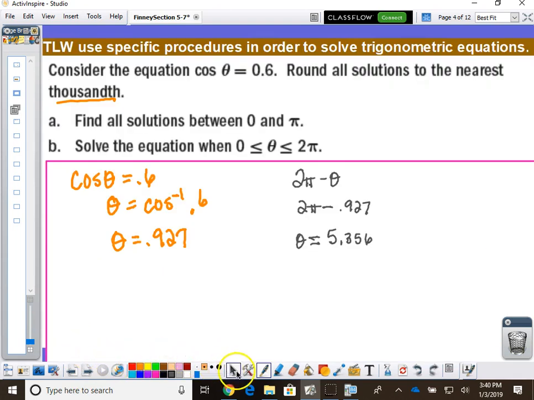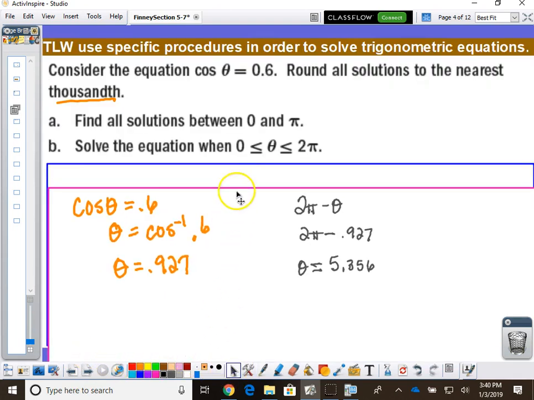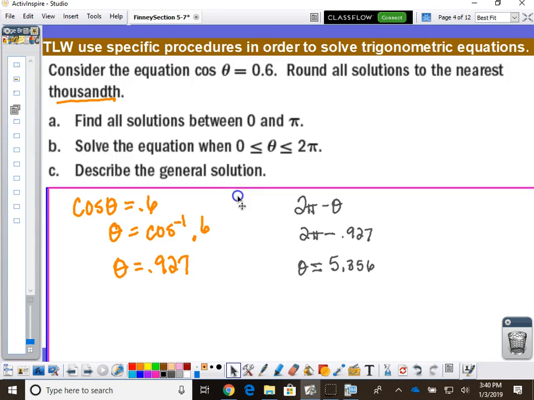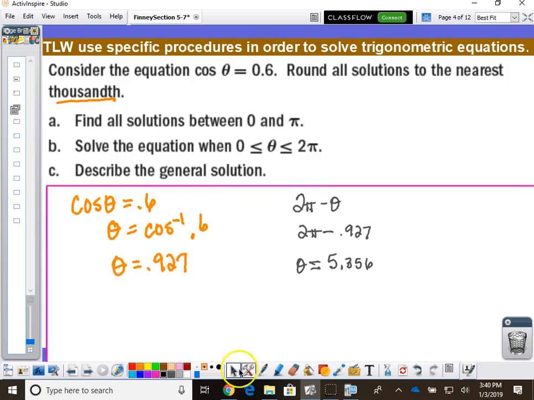So when it asks us in the next question to write the general solution, okay, so if we want to write the general solution here, what we're going to do is we start with our 2 answers, one, which was 0.927, the second, which was 5.356, and we're going to add 2 pi to it.